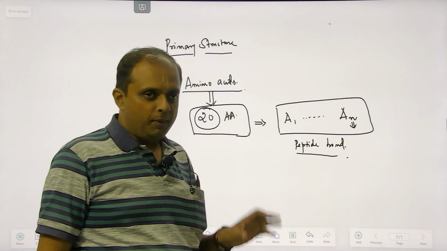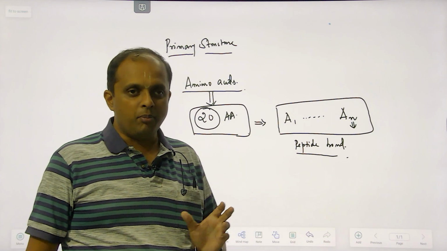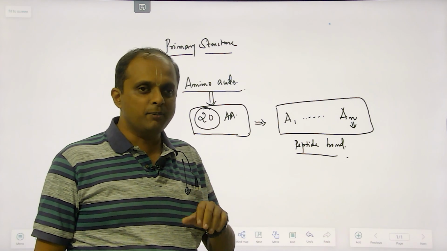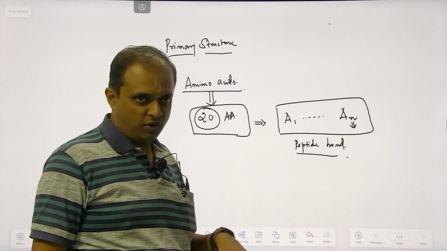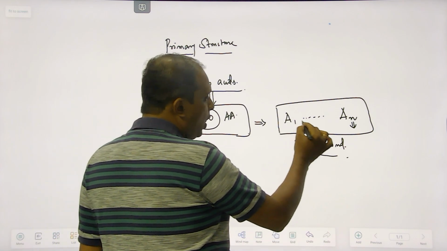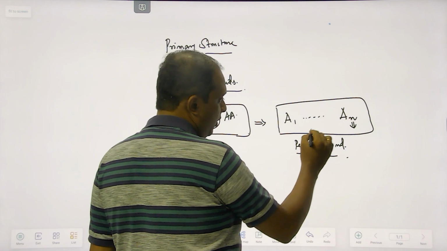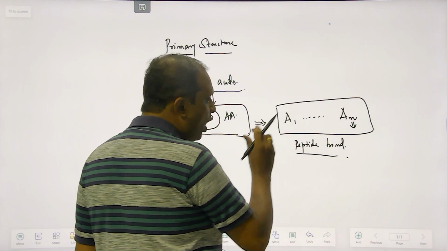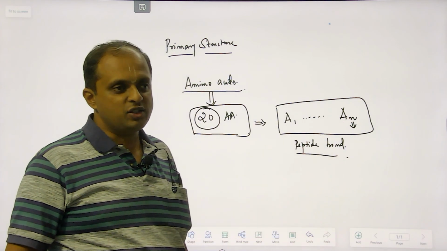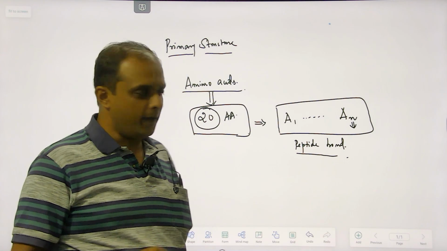So friends, amino acids will combine to form protein. We know proteins are made up of amino acids. In this process, the amino acids get lined up, A1, A2, A3, till AN, and the bond between two subsequent amino acids is the peptide bond.